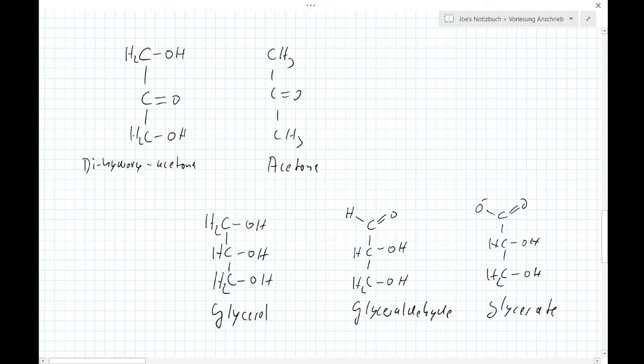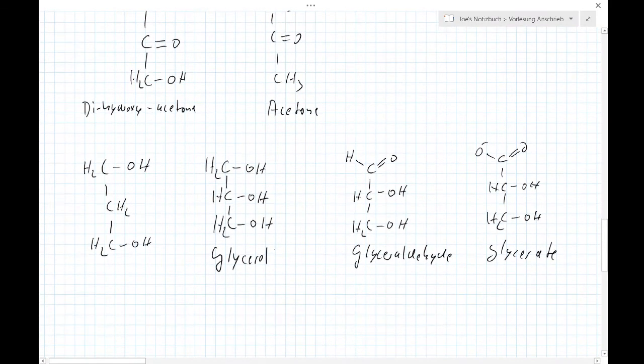And now you could say, if I have this molecule you see here, the difference is that my hydroxyl group here is missing. So I could name that 2-desoxyglycerol.